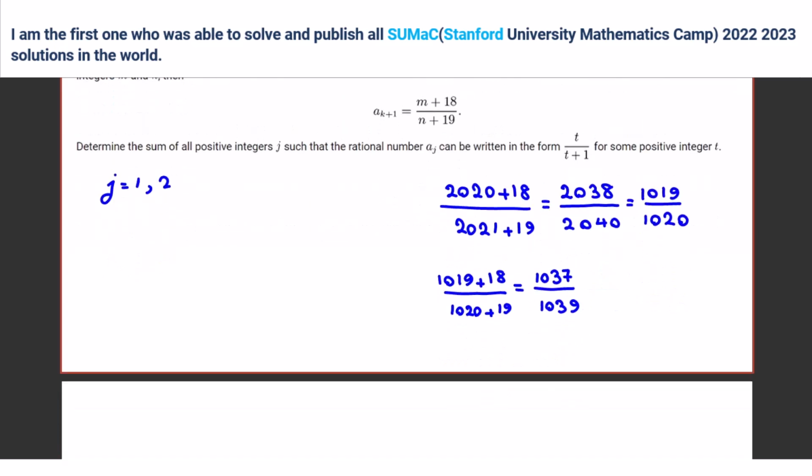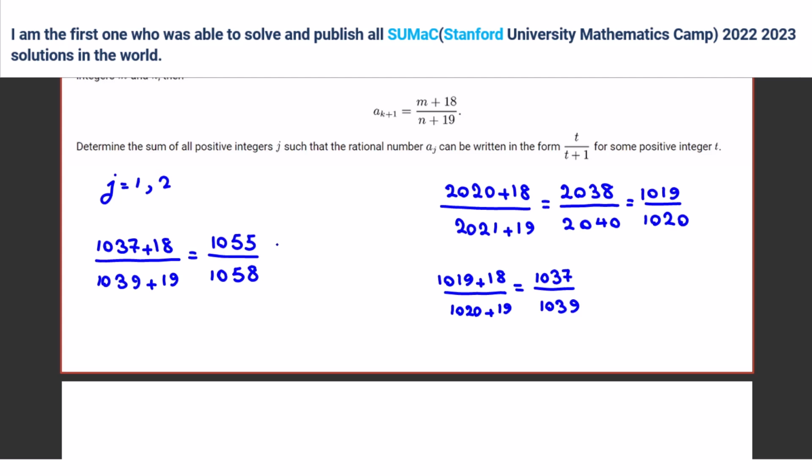Okay, so let's use this small example. Next one is 1037 plus 18 over 1039 plus 19. The numerator is 1055 and the denominator is 1058.